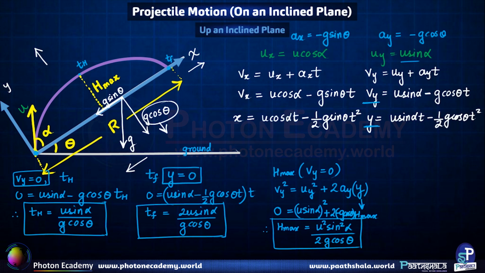Now if we wanted to find the range, we again simply use the logic that range is nothing but the x coordinate at time of flight. So we simply take the time of flight, TF, and plug it into this x equation.